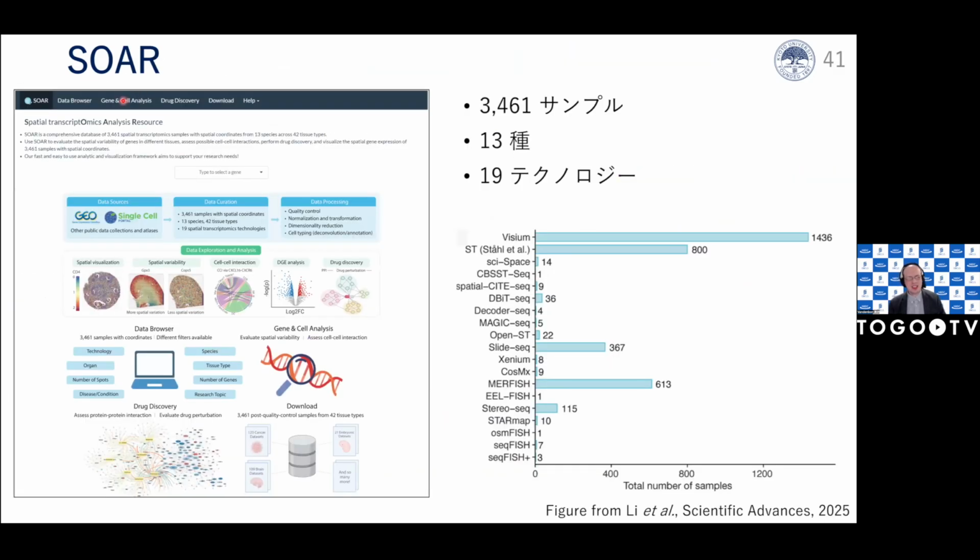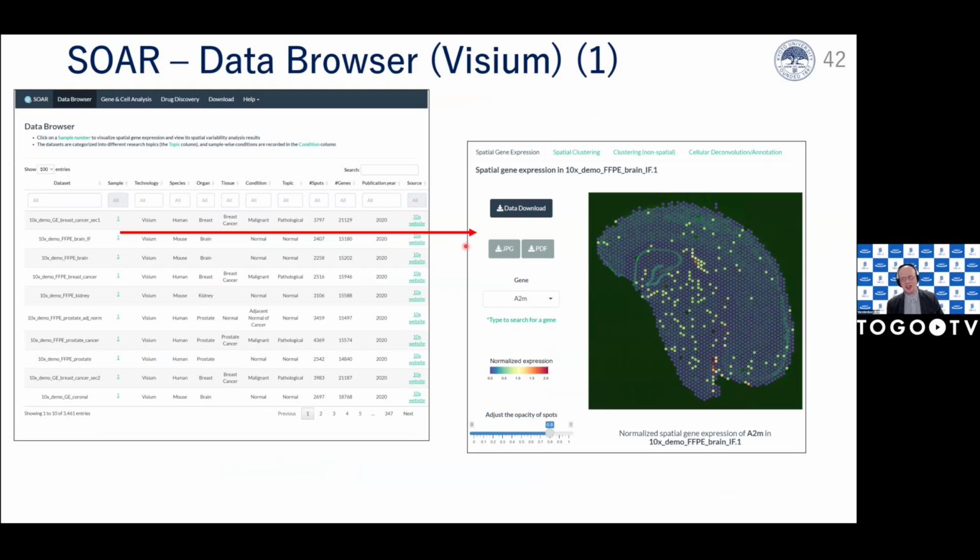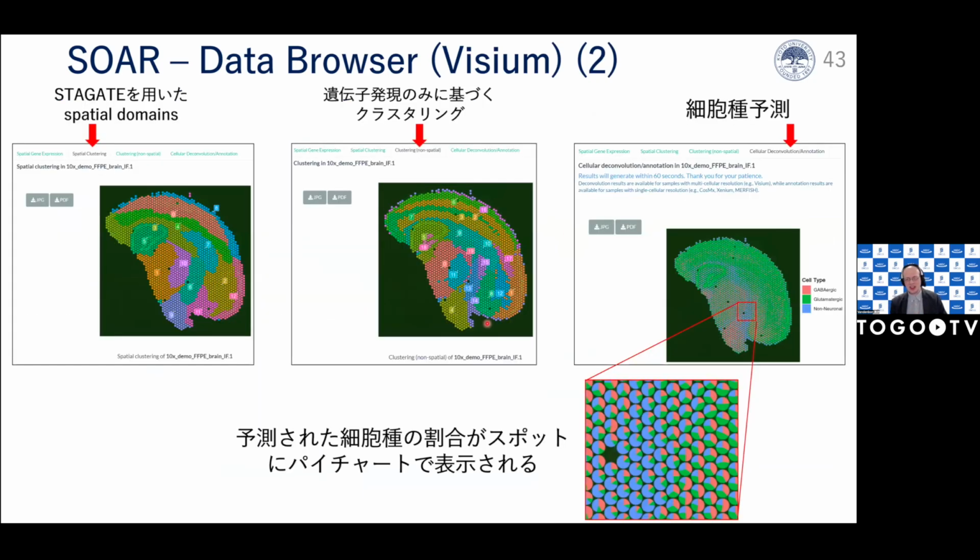Okay, this is the last one, called SOAR, I guess. This one also has several different platforms and many samples. You can click again, you can show the image, you can see the clustering results, you can visualize a gene. So the features are rather similar for every database.